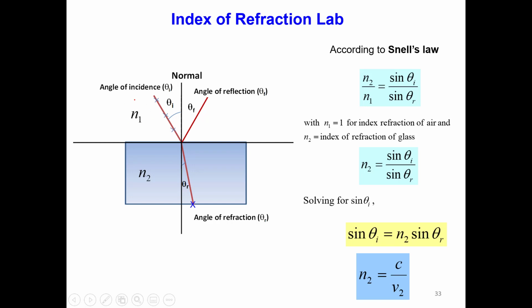In our experiment, which will be a virtual lab, one medium will be air, but the second medium is an unknown material. We don't know what kind of material, and we want to find that material. Because this medium will be air, this is the equation we will use, and we will solve for the sine of the incident angle, and then we will get this one.